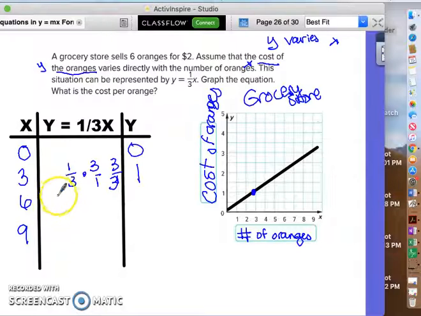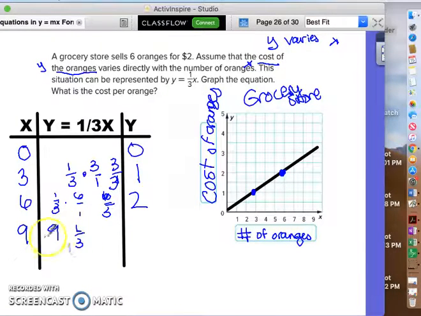For 6, 1/3 times 6. 1 times 6 on top, 3 on the bottom. 6 divided by 3 is 2. So over to 6 and up to 2. Okay, 9 times 1/3. 9 times 1 is 9, so I'm going to get 3.